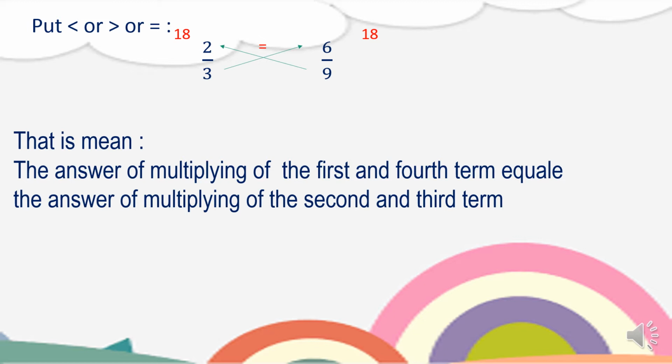Okay? What's the name of the answer of multiplying? Yes, it's called the product. And the first and fourth are called what?